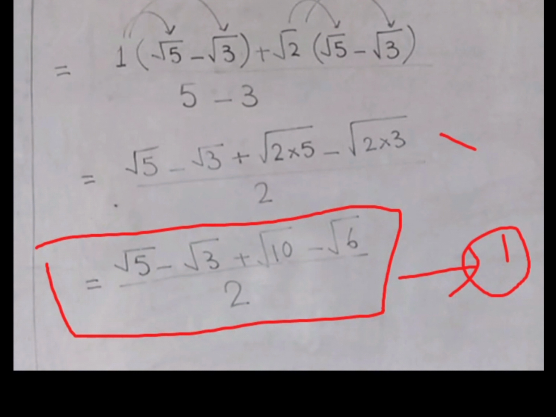Similarly, we will proceed to the second term. Okay, the first one is done. Now we will solve the second term. Second term, that was from the question: 1 minus square root 2 divided by square root 5 minus square root 3.